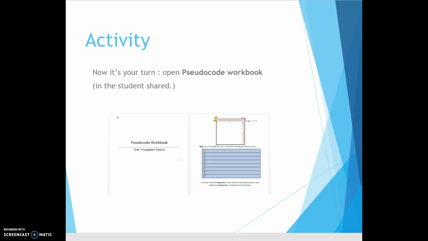So the pseudocode workbook. You've all got that in your student shared. It was 4 pages, and I saw some brilliant examples of the 2nd and 3rd pages, which were moving the cat around the page and picking up apples and bananas. You had to avoid the apples, so well done for that.